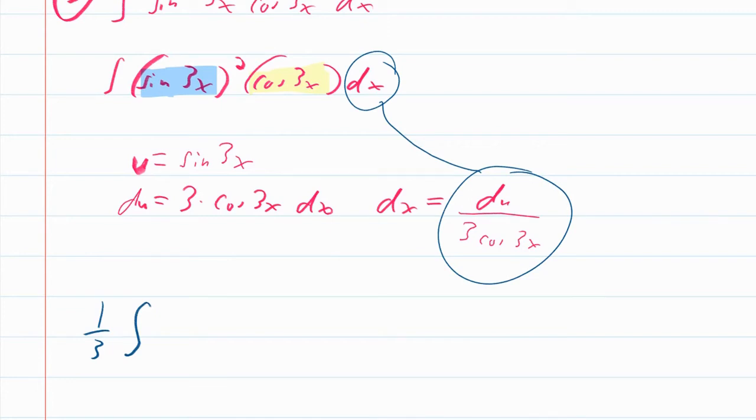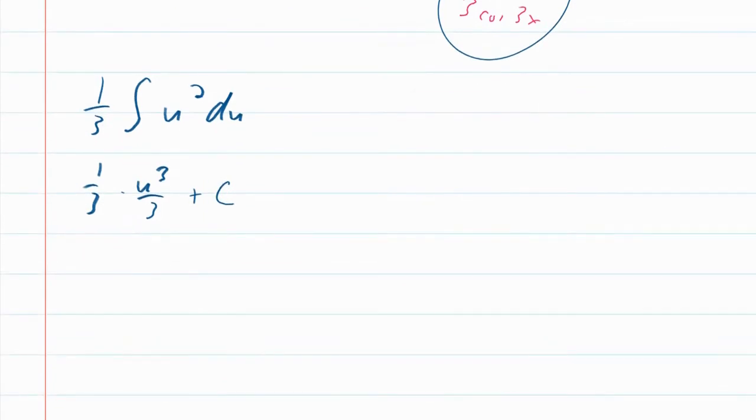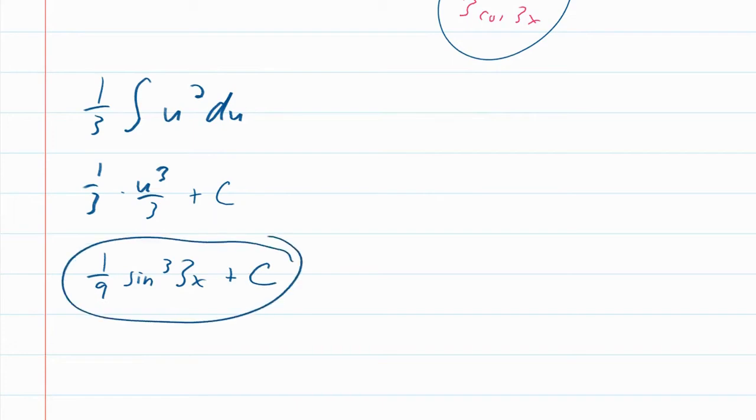So I get the integral of u squared du. And again, we get 1/3 times u cubed over 3 plus a constant. And that means that this ends up being 1/9. U was sine of 3x, so this is the sine cubed of 3x plus constant.